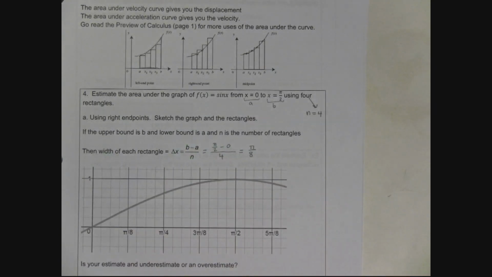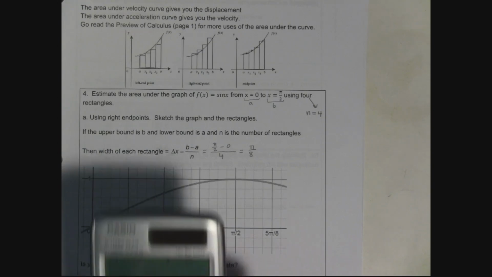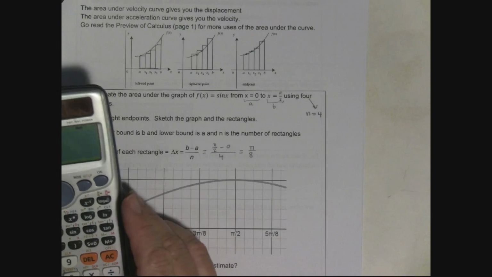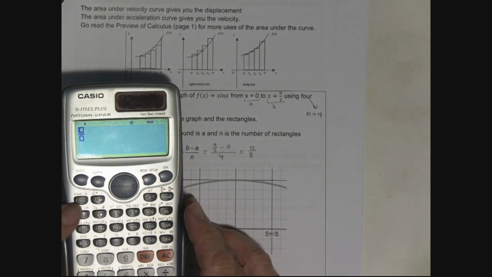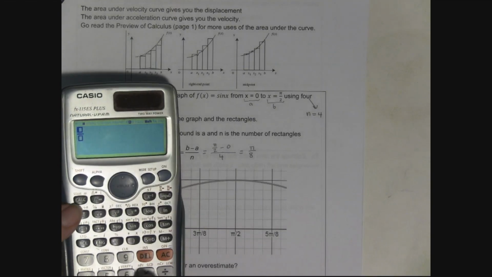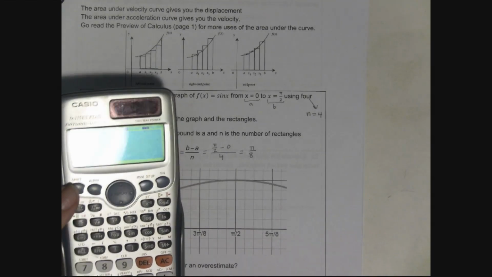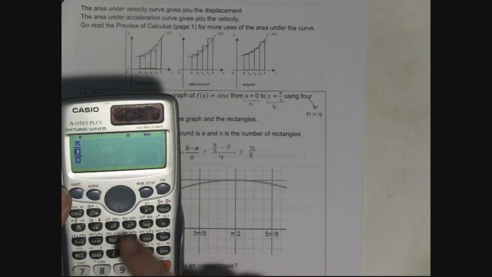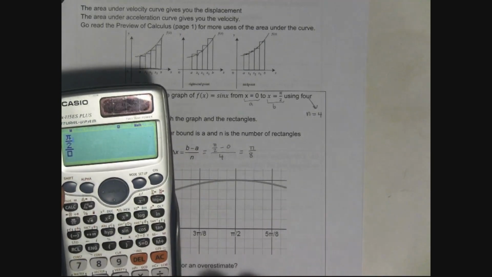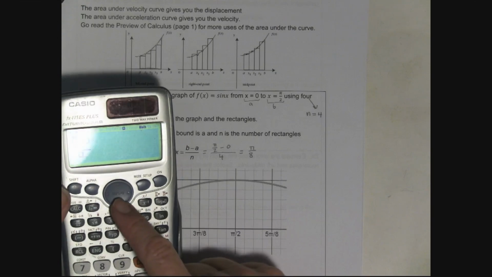I did get a calculator here so that I could put things in. So I need another fraction. I need pi over 2 minus 0. So you literally could put the whole thing in if you wanted.